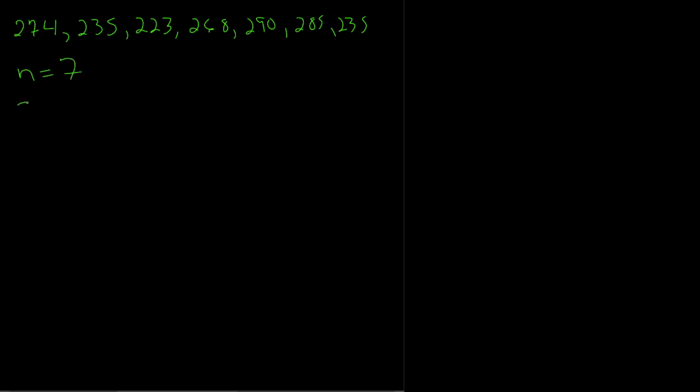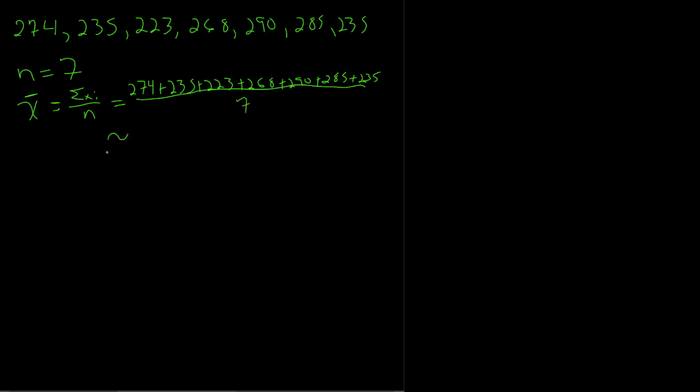So we want to calculate the sample mean. So I'm going to use this notation so that I know it's like a name. This says sample mean. I'm going to sum up each piece of data and divide it by lowercase n, which means I'm going to add 274 plus the 235 plus the 223 plus the 268 plus the 290 plus the 285 plus the 235, and I'm going to divide all of it by 7.